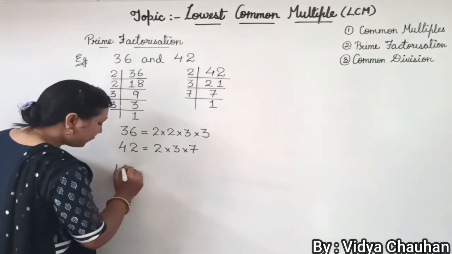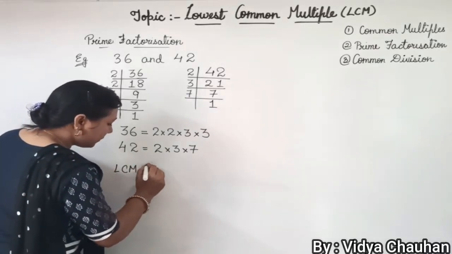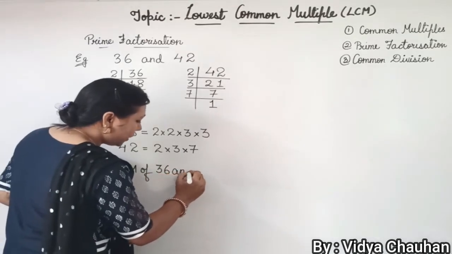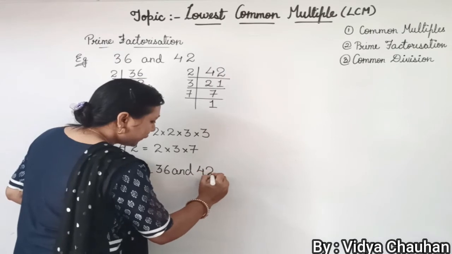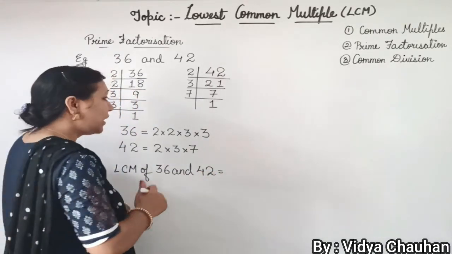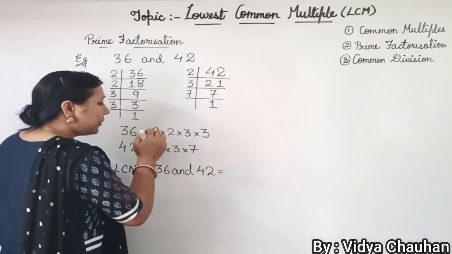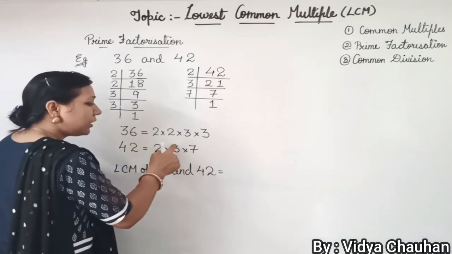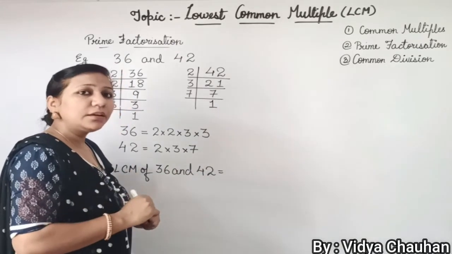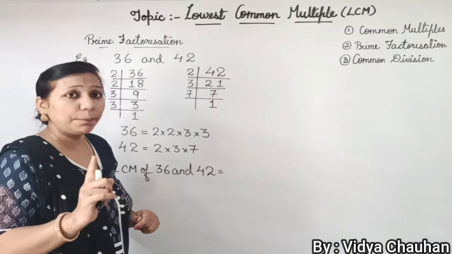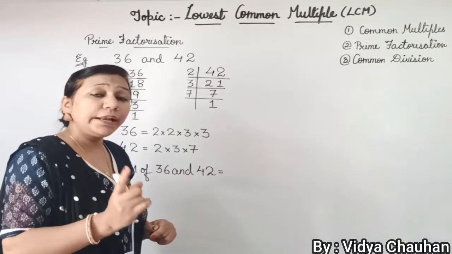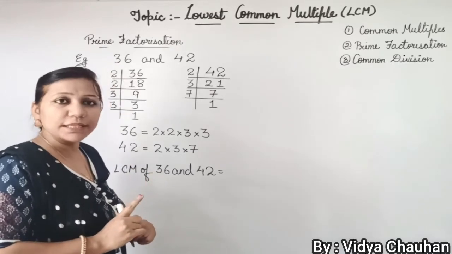If you remember, when finding the HCF we were taking out the common terms, like 2 is common, one of the 3 is common, and writing just the common values. Here we will write all the multiples, and we have to write the maximum number of times that multiple is coming up.